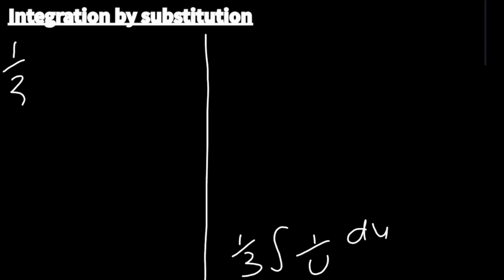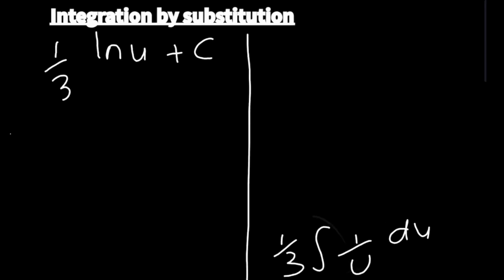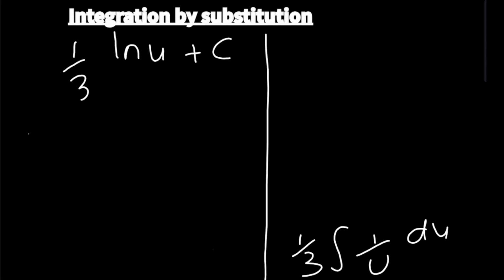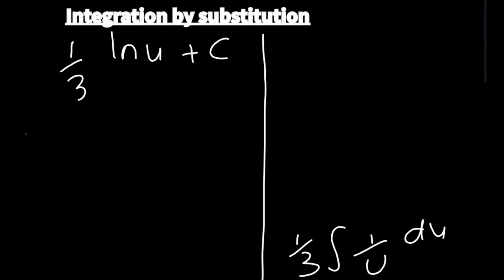The integral of 1 over u is ln u plus c. The integral of 1 over u is always ln u.